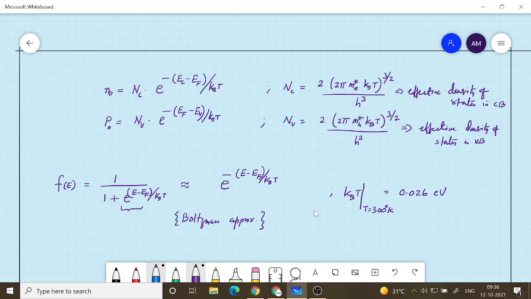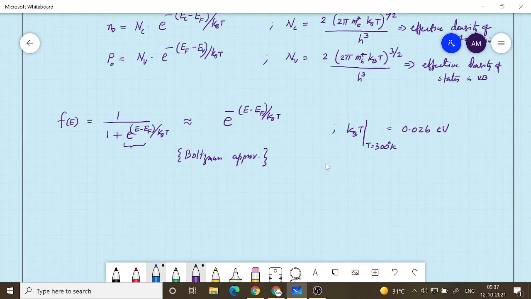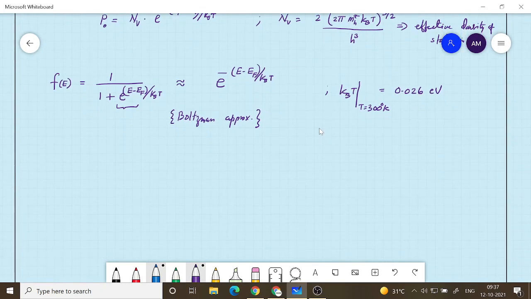So now I would like to check the minimum difference between E and Ef where this approximation holds. This is estimated by taking the first expression, the exact expression 1 by 1 plus e raised to (E minus Ef) by kBT, and the second expression, e raised to minus (E minus Ef) by kBT.